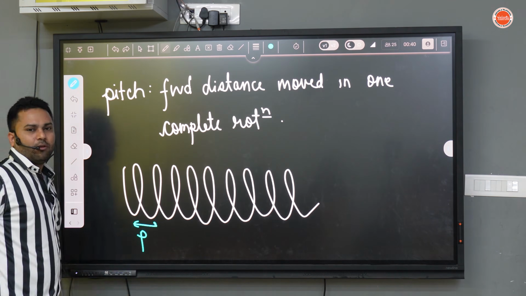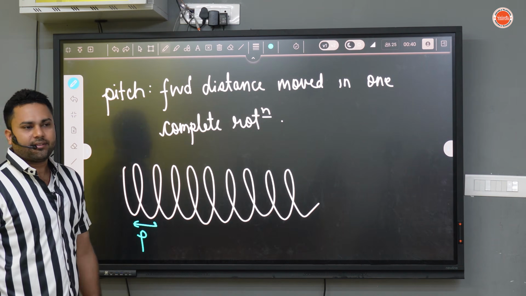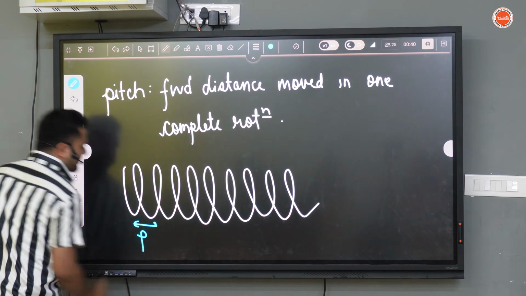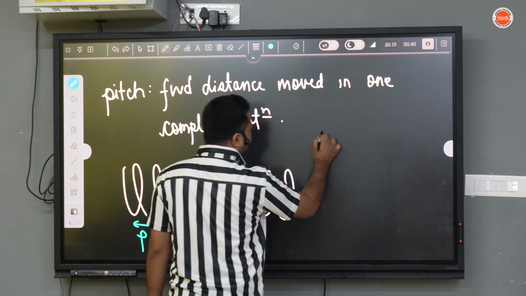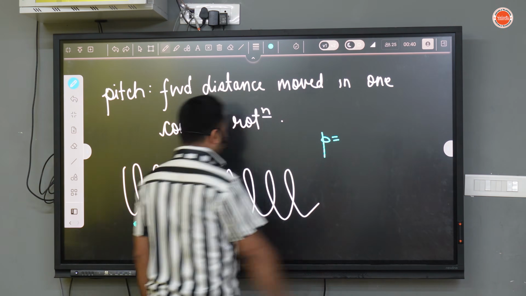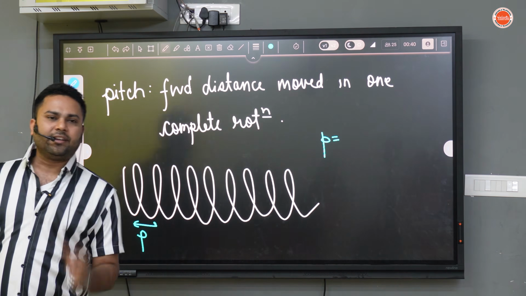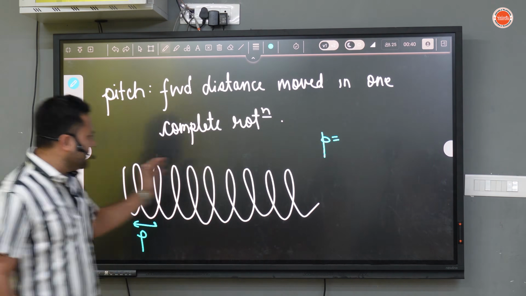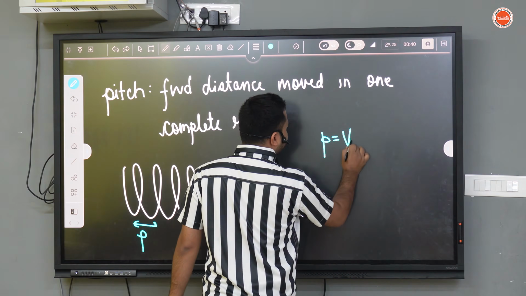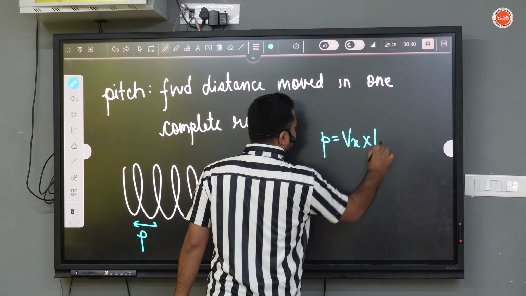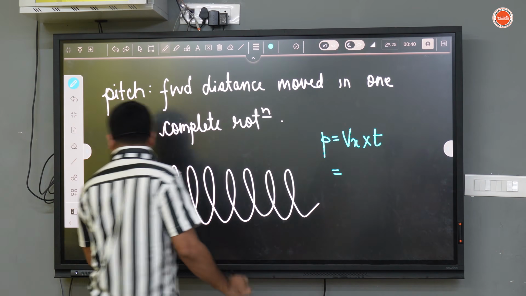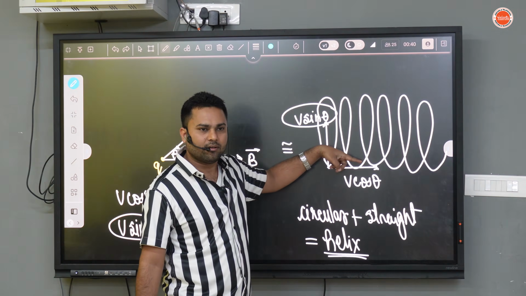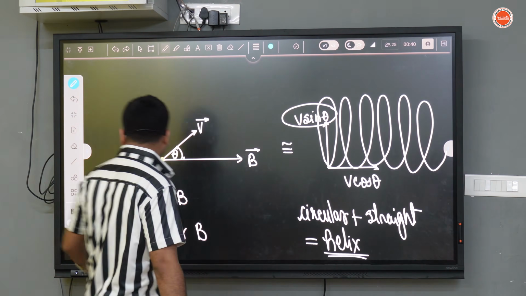So how can we calculate the pitch of this helix? Pitch means we are dealing with forward distance, this distance. Can we write distance equals speed multiplied by time? What is the speed in this direction? The speed in this direction is v cos theta.